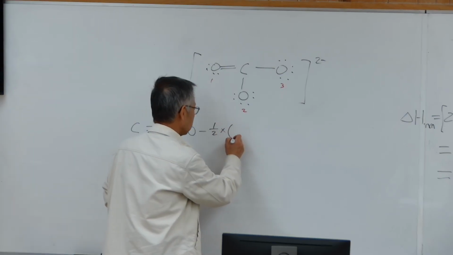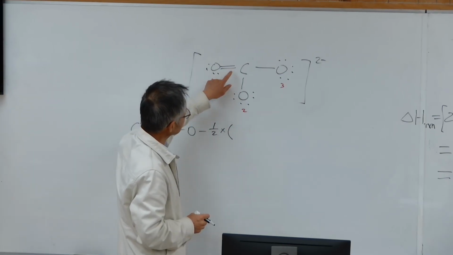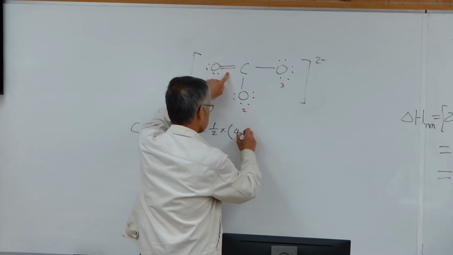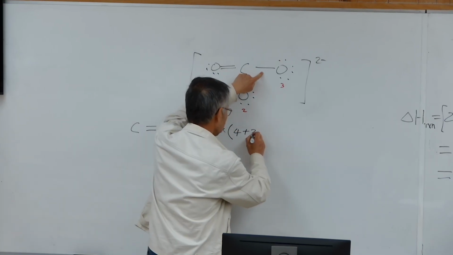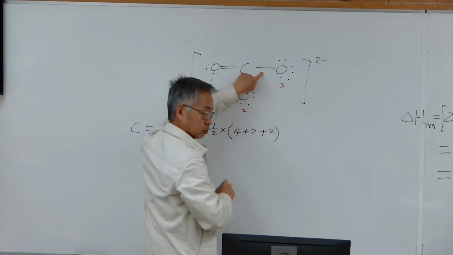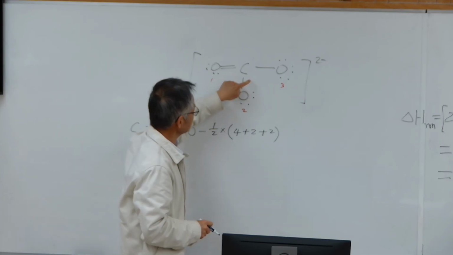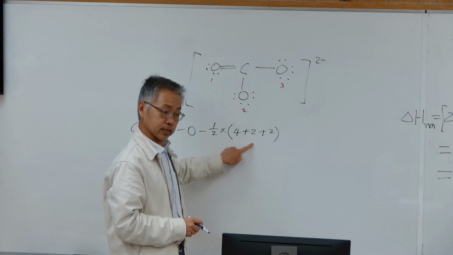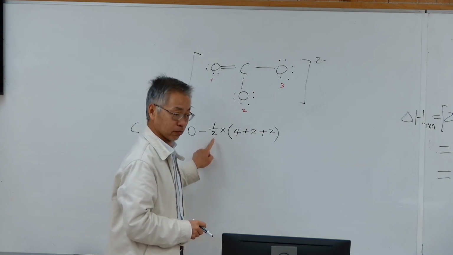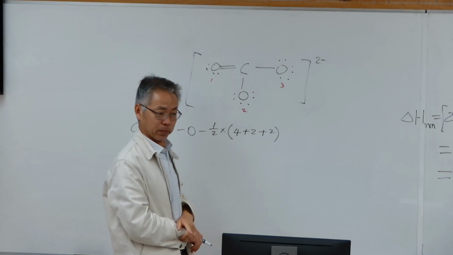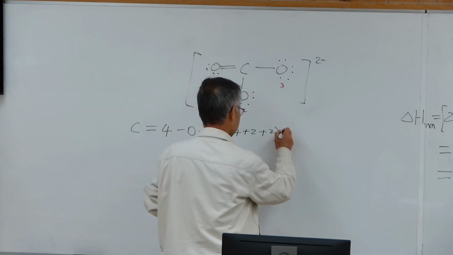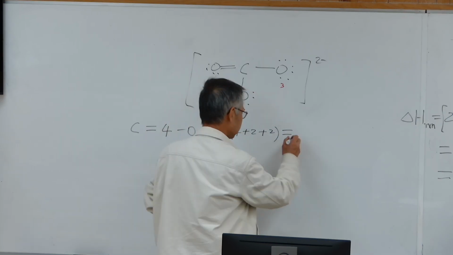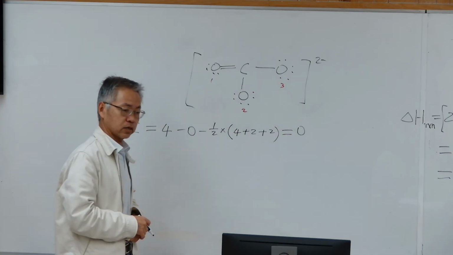Bonded valence electrons: a double bond is 4, each single bond is 2, we have 2 single bonds, so 4, 2, 2. That's 8, and this 8 is shared with others, that's why only half is assigned to that carbon. Then what is the result? 0, right? So carbon is 0.